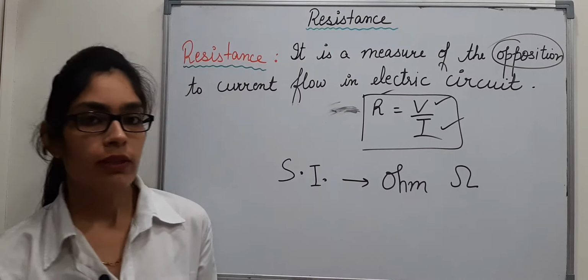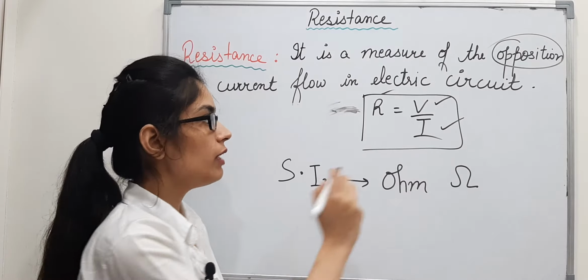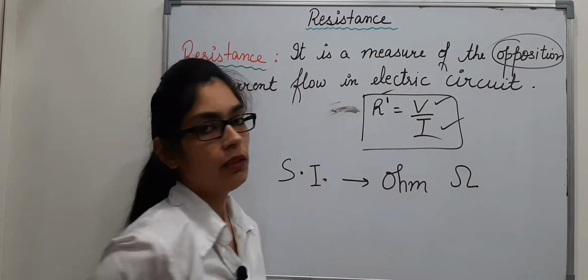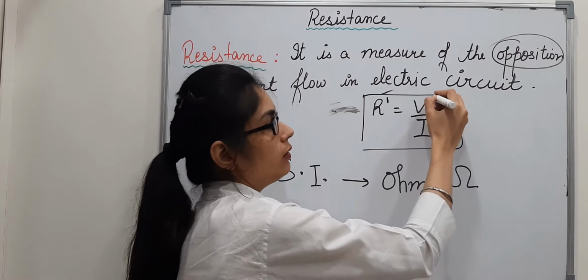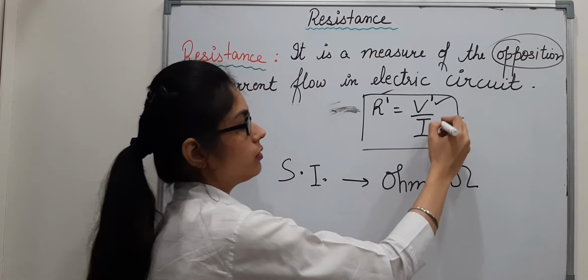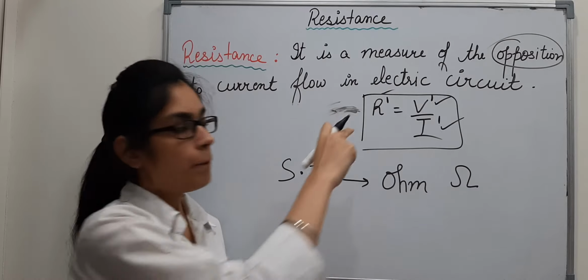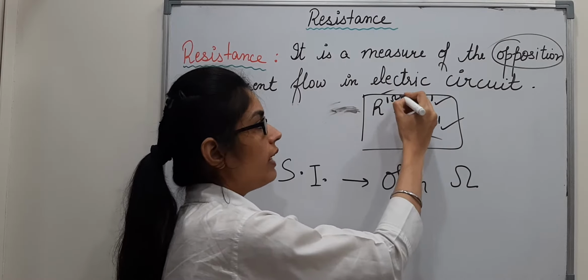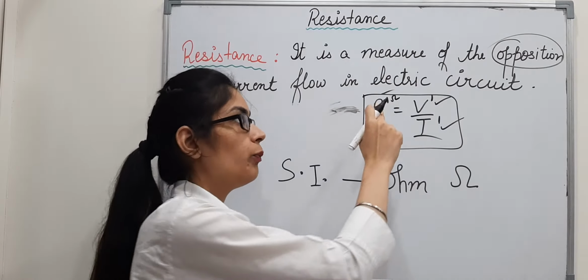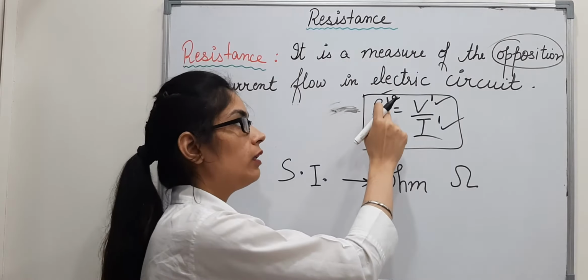Whenever we define any SI unit, we have to assume this is also 1 unit and this is also 1 unit. So we can write the resistance with SI unit, but the numerical value we always have to write as 1.